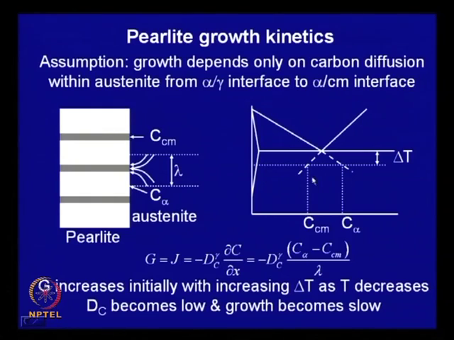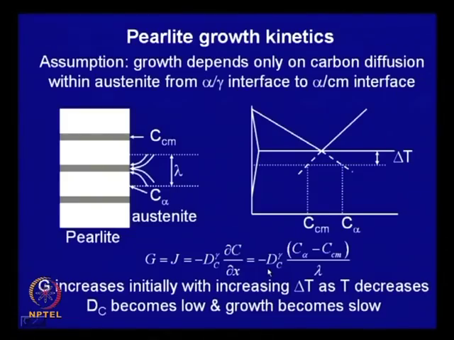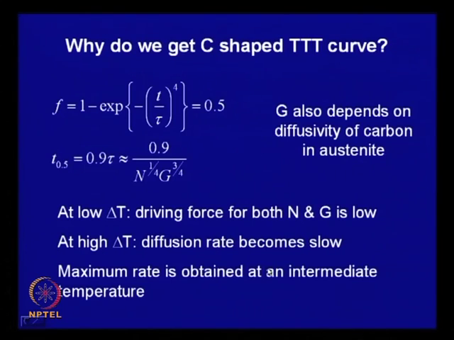Higher the undercooling, higher is the driving force for diffusion, and there are two different opposing factors. Therefore, G initially increases with delta T, but when you go down, the diffusivity effect becomes more predominant. So, it can become slow again, and that is why you get that C shaped curve in the transformation diagram, and this answers why we get the C shaped time temperature transformation curve.